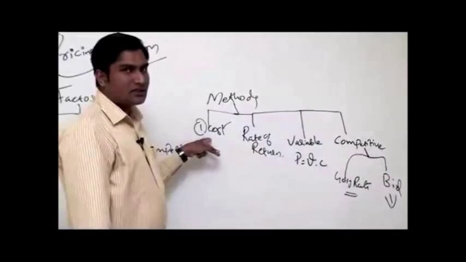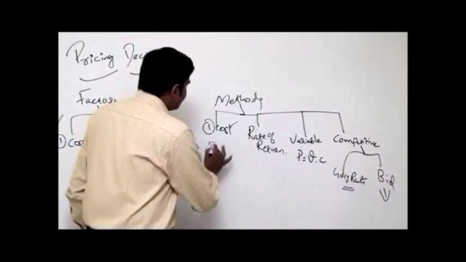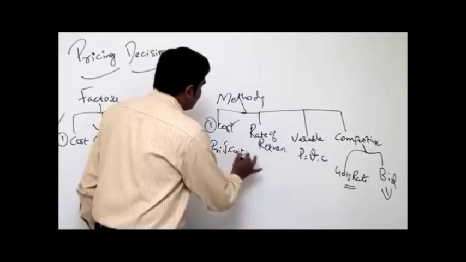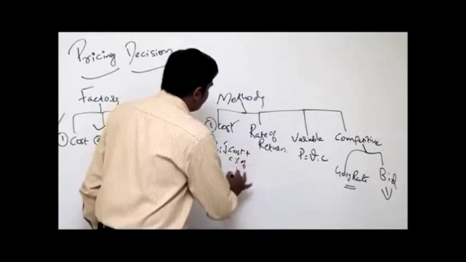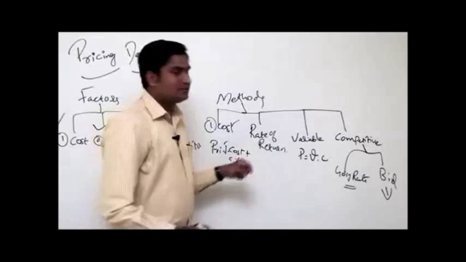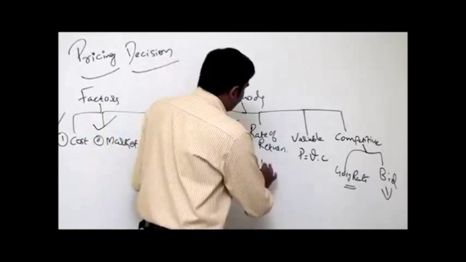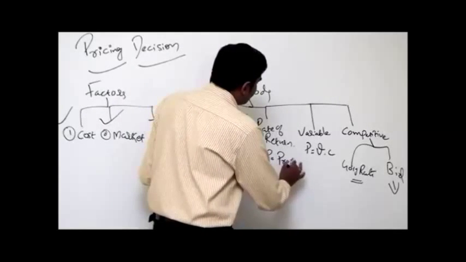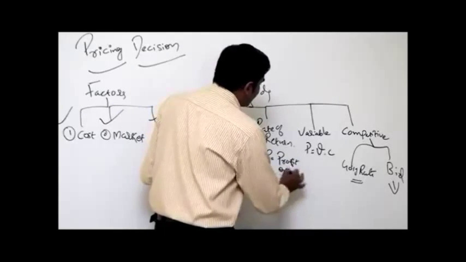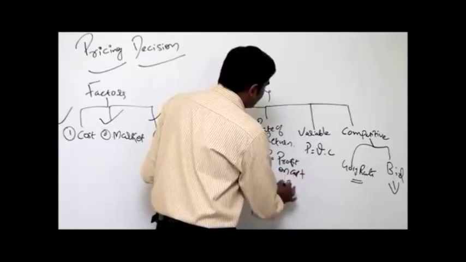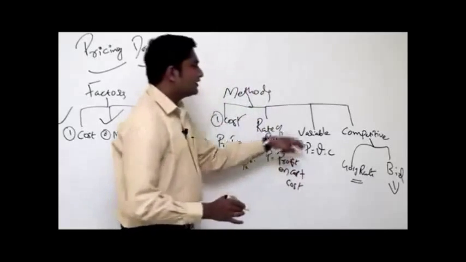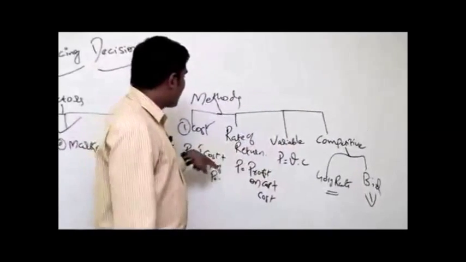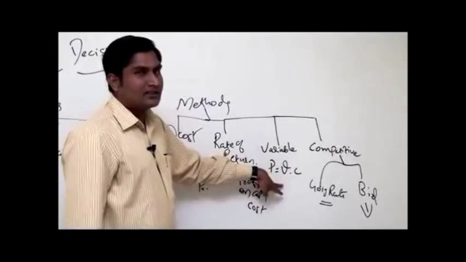In short, in cost plus pricing, the price will be equal to the total cost plus a certain percentage of profit. In case of rate of return pricing, the price will be equal to the profit expected on capital plus the total cost to be incurred. In case of variable cost pricing, instead of the total cost, just variable costs are recovered as price.